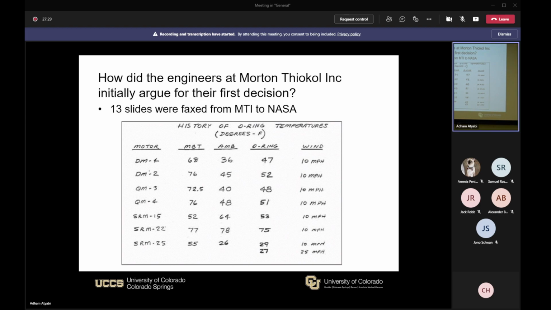While it was true that the blow-by on SRM-15 was on a cool day, the blow-by on SRM-22 was on a warm day at a temperature of 75 degrees. So this is going to be here, the second row from down. So one engineer said that we had blow-by on the hottest motor or rocket and on the coolest motor.